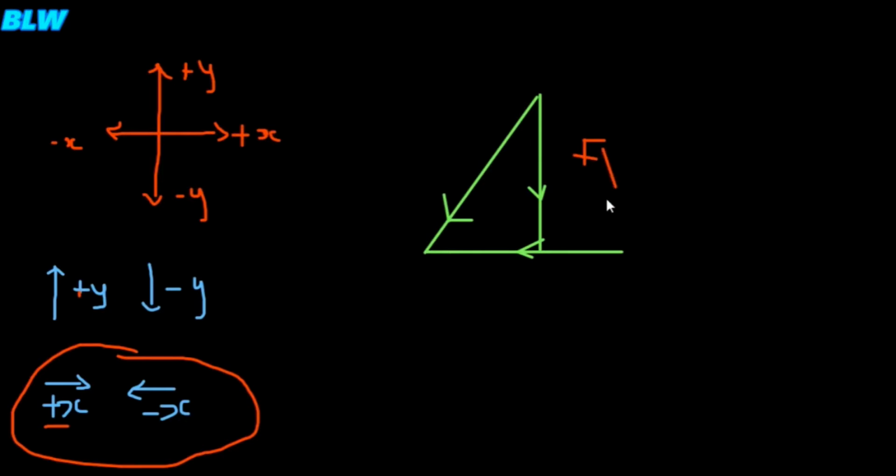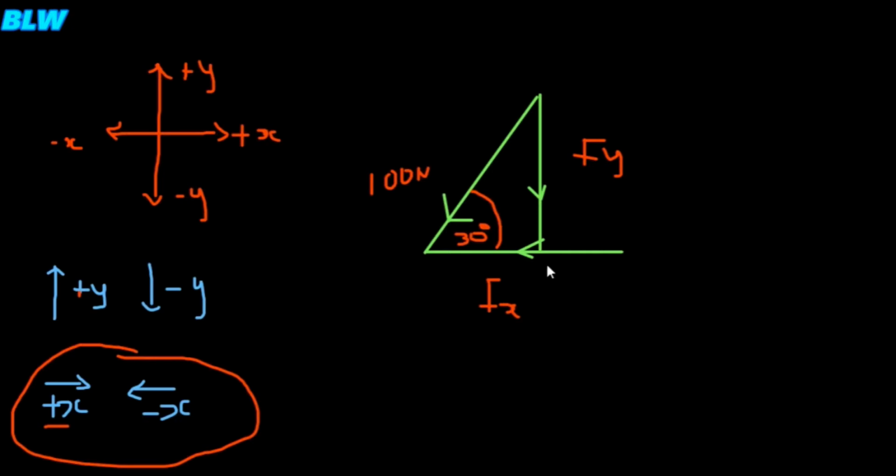So I have my Fy here, and I have my Fx here. This angle is 30 degrees, and the actual force is 100 Newton. You want to find the components of this force.